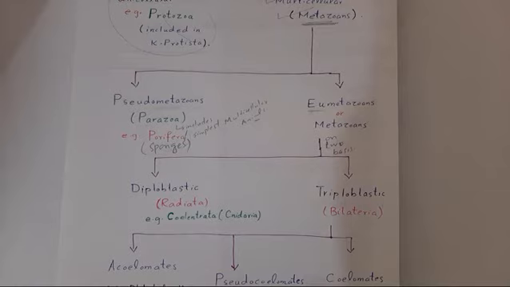So the eumetazoans are further divided on two bases.